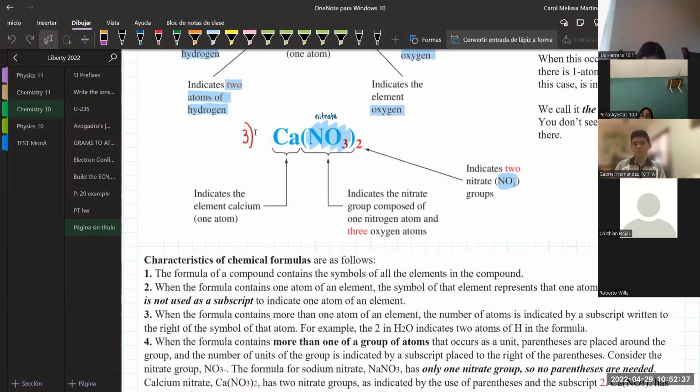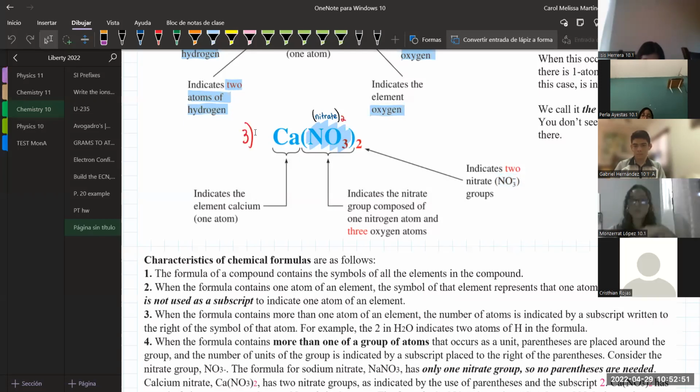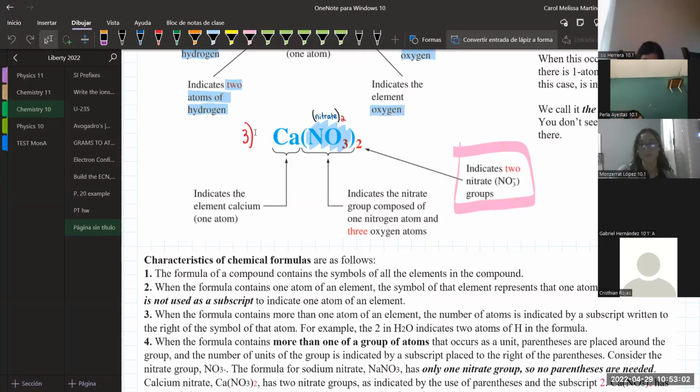Because you can see this nitrate is inside parentheses and after the parentheses is multiplied by 2, that means that you have two groups of nitrate in that compound. So the number outside the parentheses tells you how many groups of those elements are in the compound.